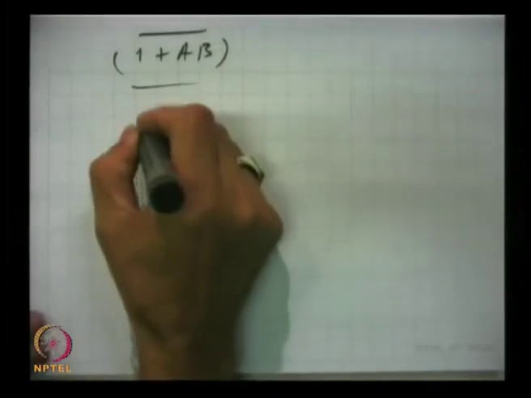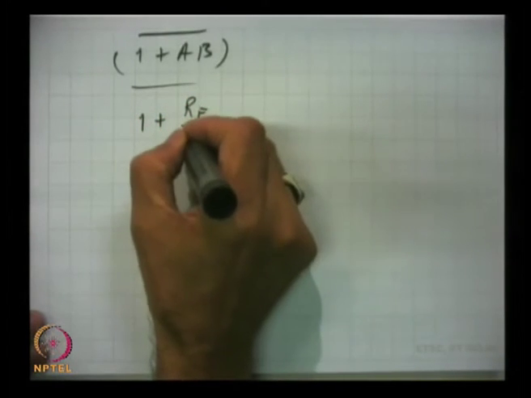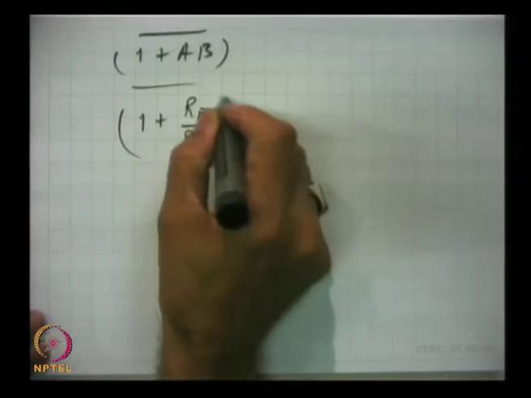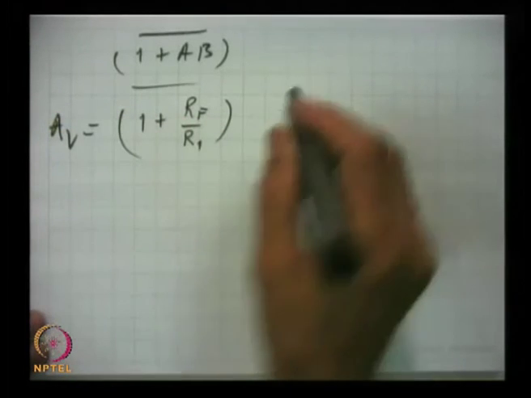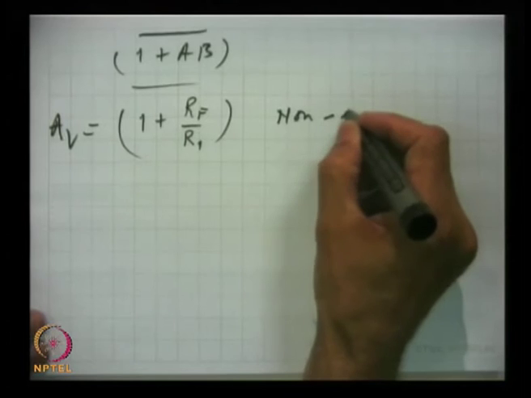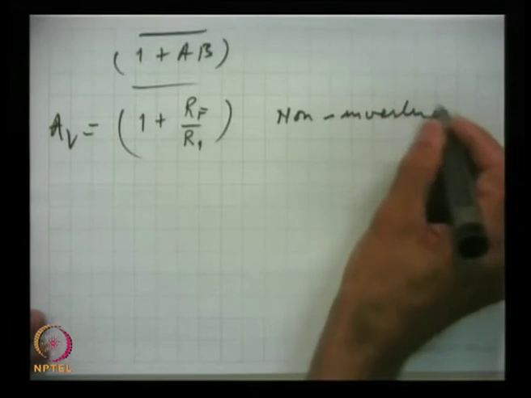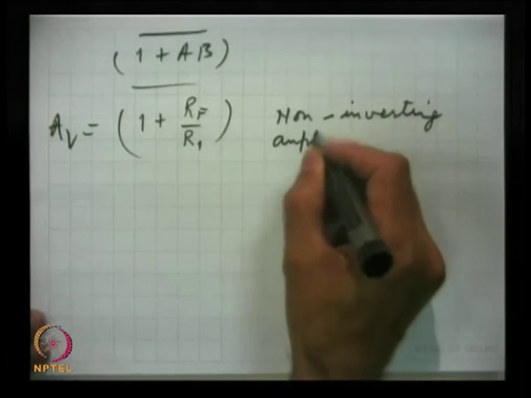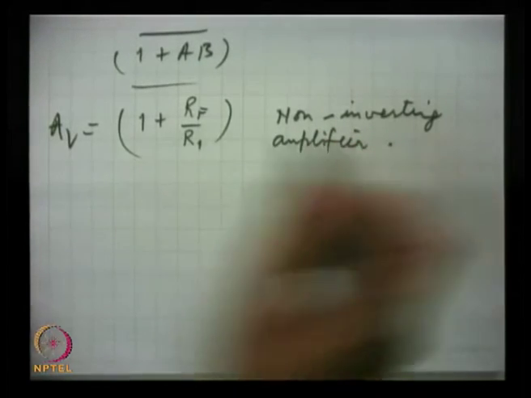So, there are several parameters, and the gain is also very simple to remember, 1 plus Rf by R1. This is the voltage gain for the non-inverting amplifier.